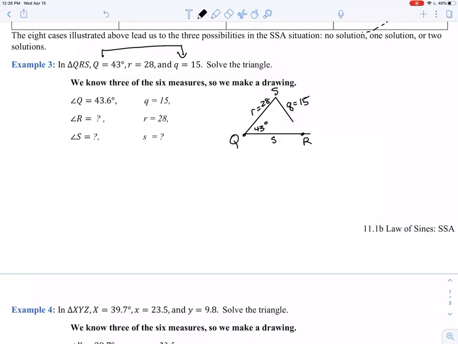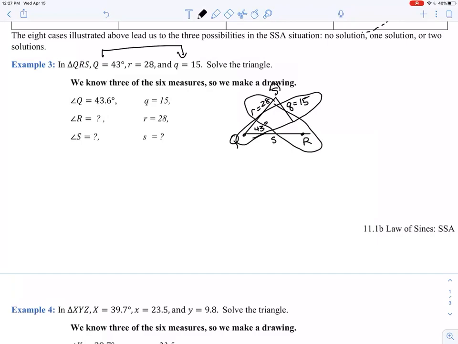So if I wanted to use the law of sines to do that, well, I have a pair of opposites here. And so what I want to know is, what is angle R? So I have half of angle R here.